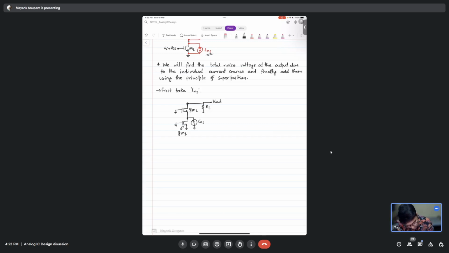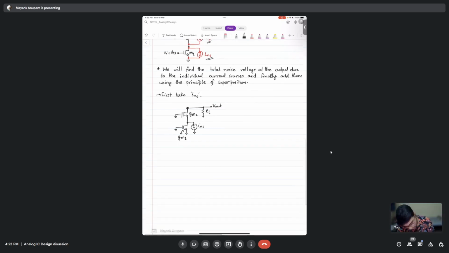Sir, we can neglect channel length modulation. Yeah, we have to neglect channel length modulation. Then it will be just RL times IN1. Correct. So how did you come to that conclusion? Sir, just a constant current source flowing through the whole circuit.